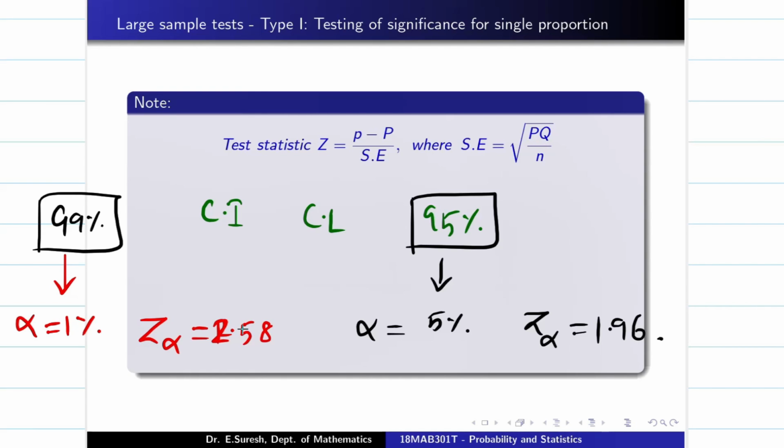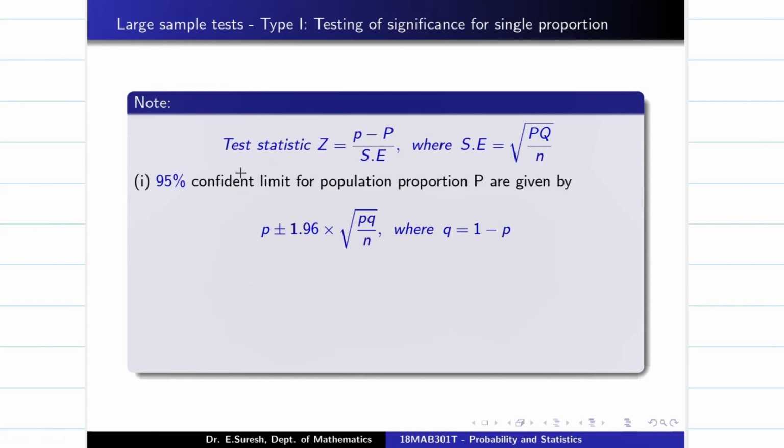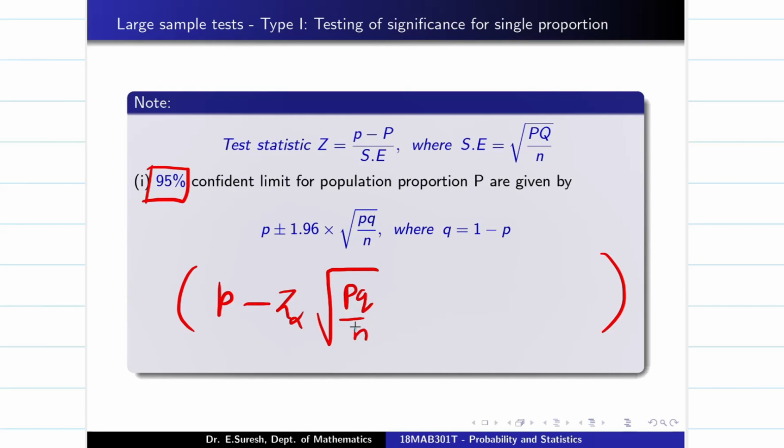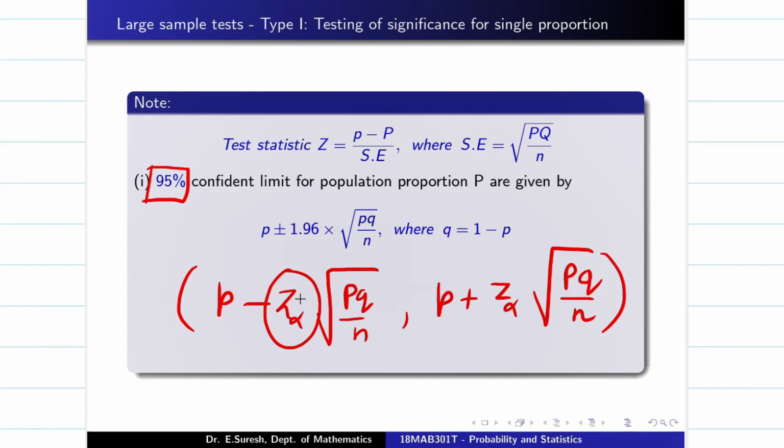This is an MCQ, guys. They will ask for a 95% confidence interval. The formula is p plus, okay, since it is a lower limit we take minus, Z alpha times the square root of PQ by N, p plus Z alpha times the square root of PQ by N. That's it. It is going to be very simple. Now the Z alpha value can be replaced here.